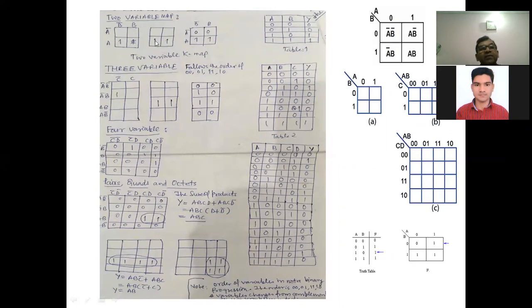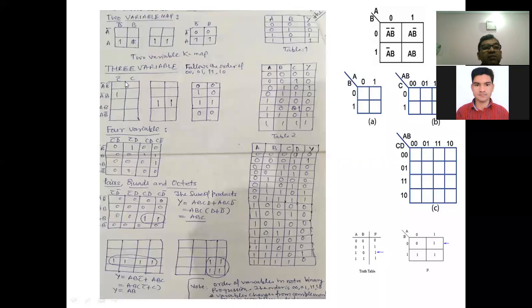Similarly, if the 2 variable K-map is represented as this, then y, that is the output, is equal to a b bar plus a b, and that can be further reduced.